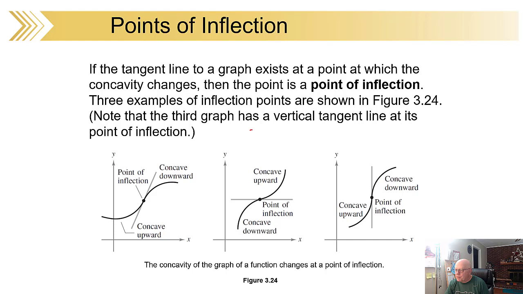Notice on this one, this is concave upward here, concave downward here. Where it switches between the two is your point of inflection. Here you have concave downward to concave upward, and it switches between the two at that point.